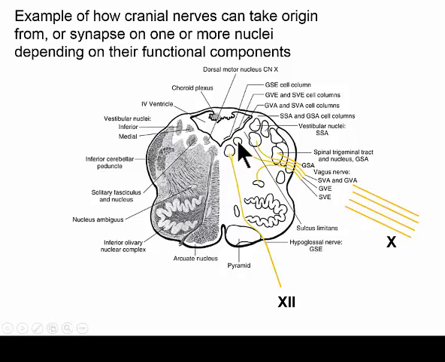Dorsal motor nucleus of 10. Nucleus ambiguus. The solitary nucleus over here for taste and GVA. Right? And don't forget the spinal trigeminal tract and nucleus, GSA. So it's SVE down here, it's GVE here, it's GVA and SVA here, and that little bit of ear pinna is going to come through the spinal trigeminal tract and nucleus. So there's a complex nerve. 10, lots of nuclei. 12, one nucleus.